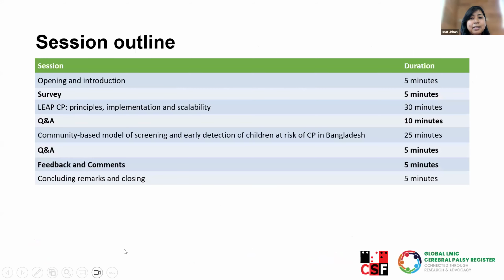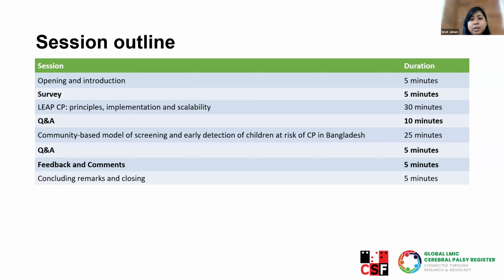So you all probably have received a PDF of this document. This is just a brief outline of how we are going to structure our session today. There will be a survey where we would like to know a little bit of your experience in this topic and theme. Then we will learn from Dr. Kat Benfar about the LeapCP model. I'm sure you have all heard about the LeapCP model, and if not, then Kat is here.